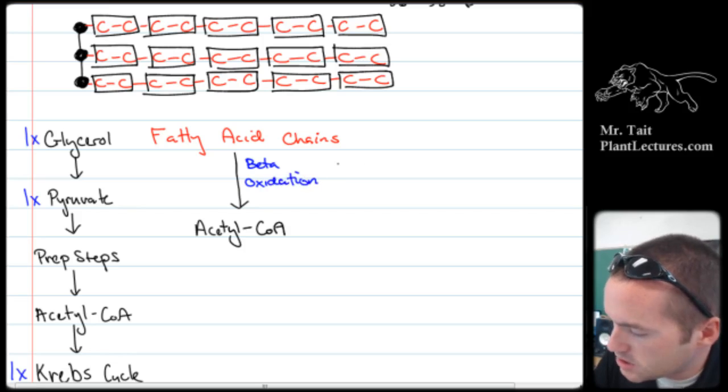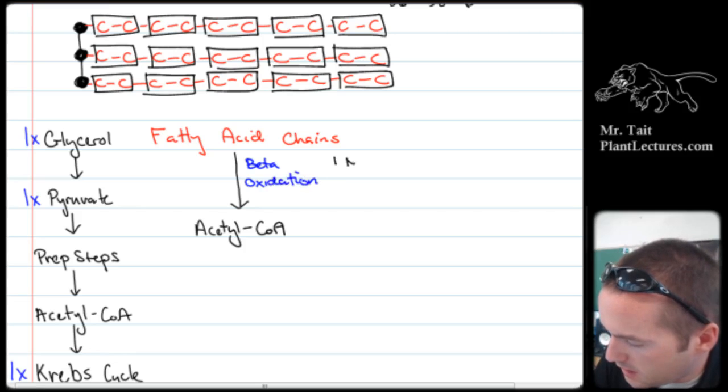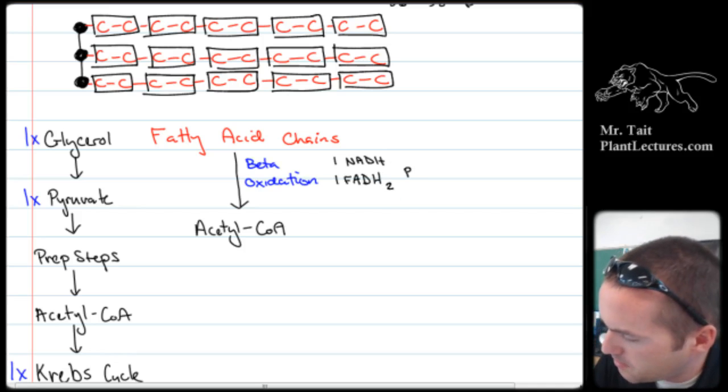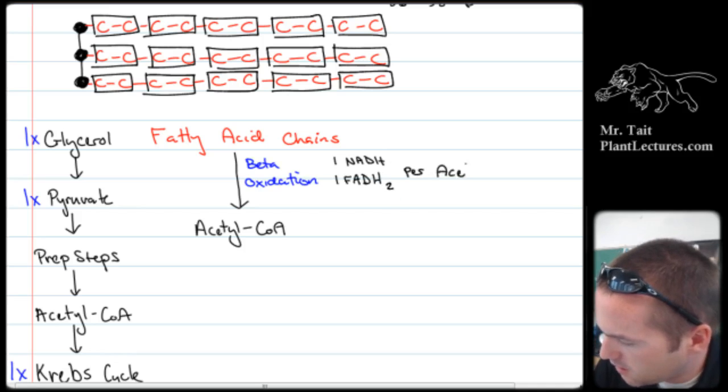And beta oxidation is going to produce 1 NADH and 1 FADH2 per acetyl-CoA.